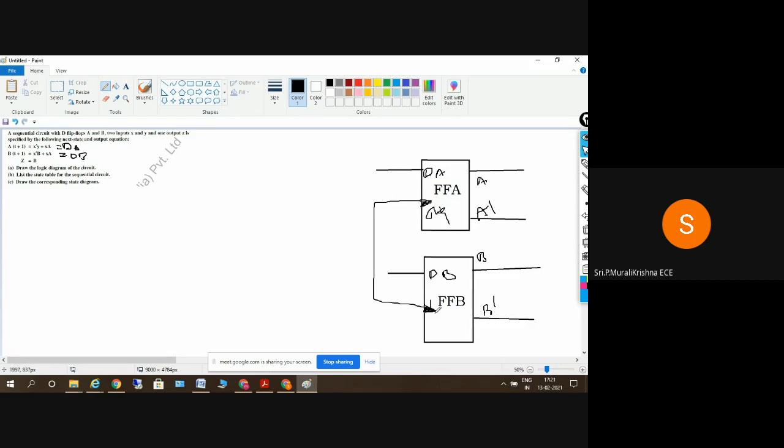This is also another clock here. And what is the value of DA? x bar y and xa. So we have two inputs, x and y. So x and y values. So what is the value of this one, x bar y plus xa?